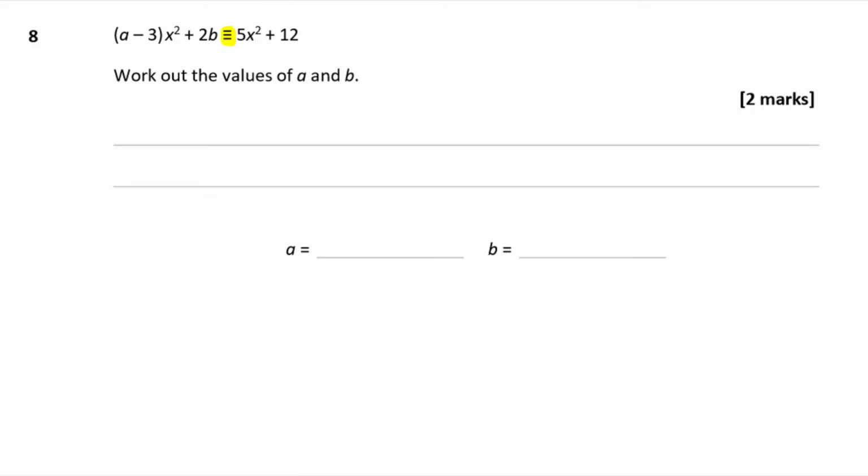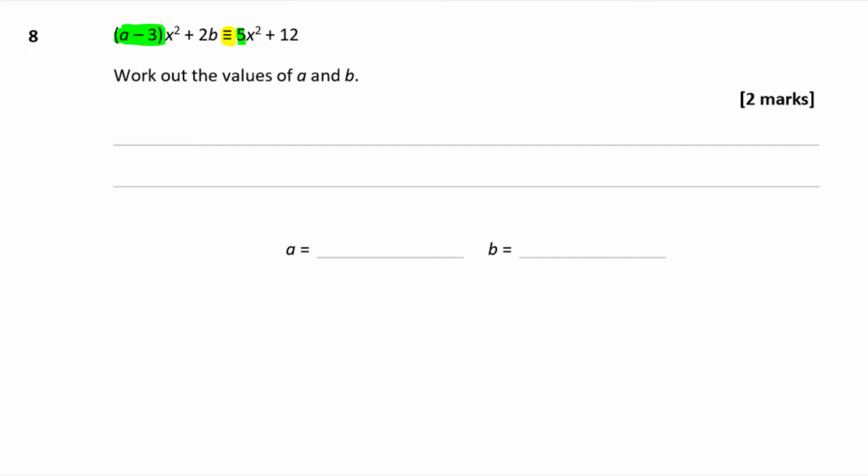So I've got a term in x squared, and comparing the coefficients of x squared, I can see that this bit here, look, matches with this bit over here. So on the left hand side I've got a minus 3x squared. On the right I've got 5x squared. Now if these two things are identical, every part of them must be identical.